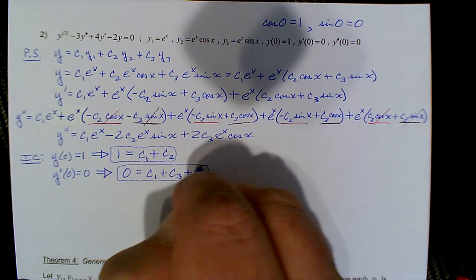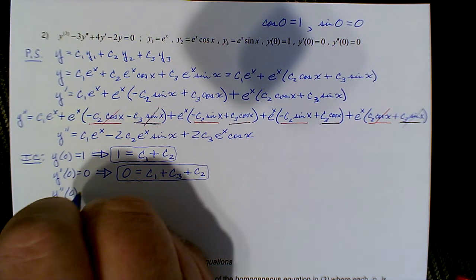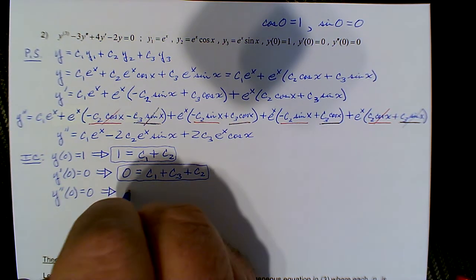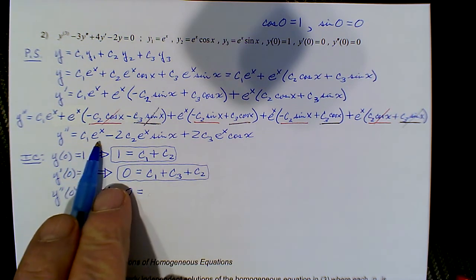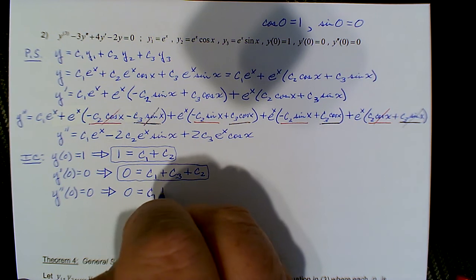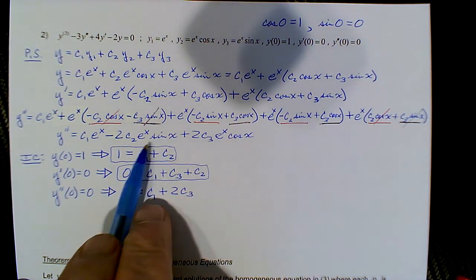Alright, so there's another equation now with three unknowns. Let's see what we get when we go to y double prime of 0. So we get 0 equals, okay, let's go to this form, C1, and then just plus 2C3, because the sine of 0 is 0.